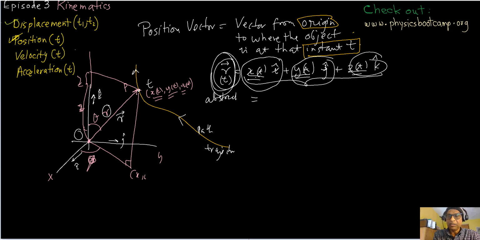And because i hat, j hat, and k hat are fixed in our calculations, we can also write this as you would write any coordinates: x of t, y of t, z of t. So I can construct the vector from there. And sometimes we just omit t, we just write x, y, and z for the position vector. But in our mind, we know that this depends on time, because at different instants the particle or object is at a different place. So this is a position vector.